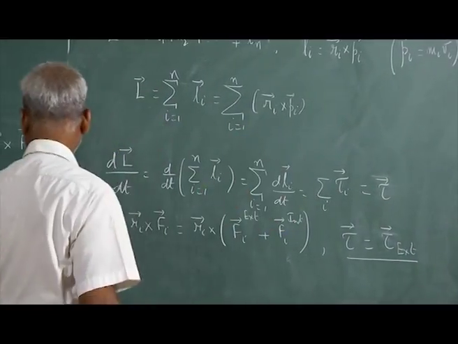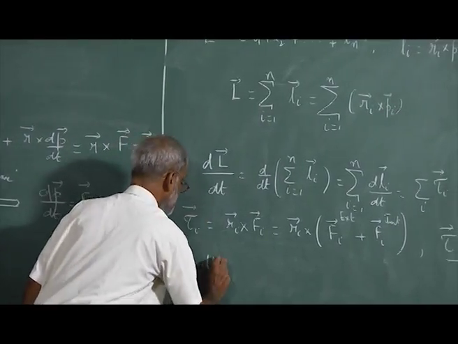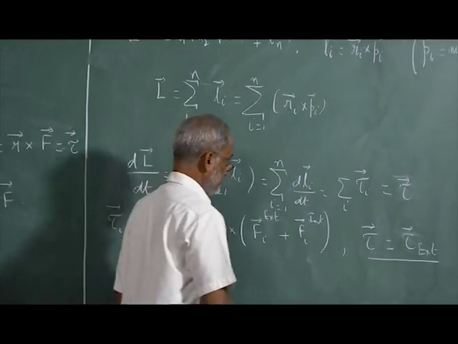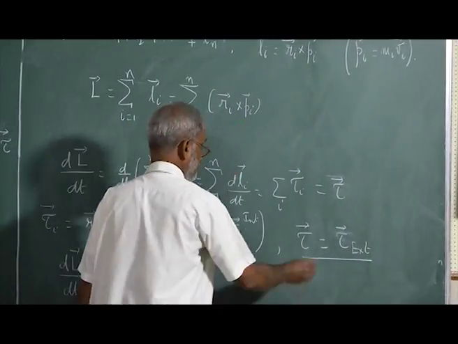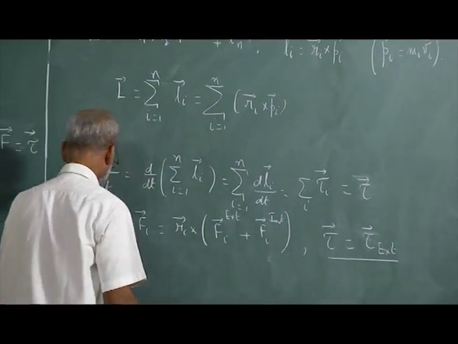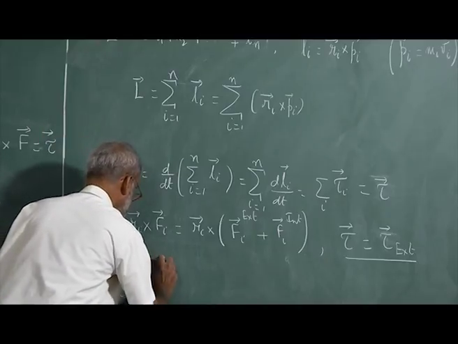Therefore, I can write dL by dt is equal to tau external, because the internal forces are not going to contribute, as they are of action-reaction type.